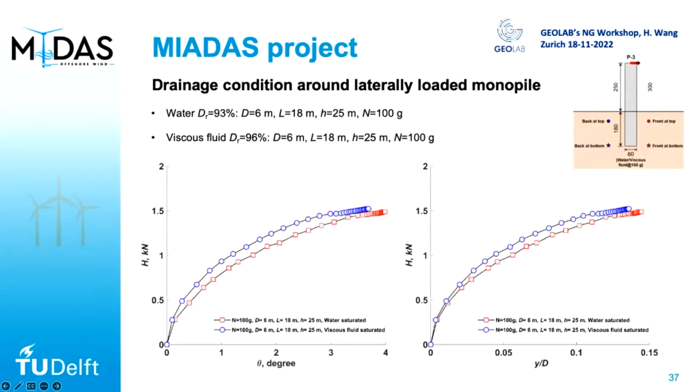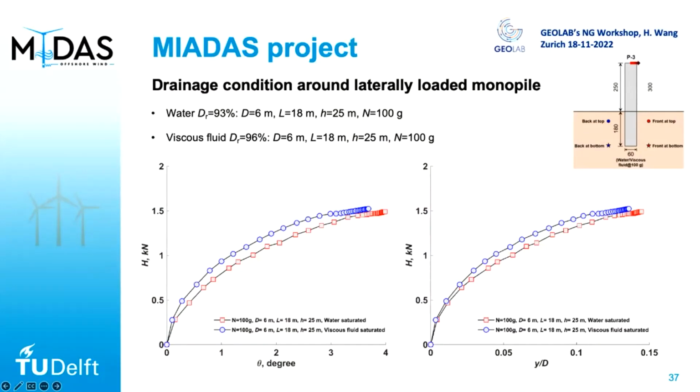Because we use the viscous fluid to decrease the dissipation speed, to try to mimic the offshore wind turbine, to capture what's really happening to the drainage condition. And before doing that, we want to know if the difference of fluid itself, for example, using viscous fluid instead of water, will affect the response.